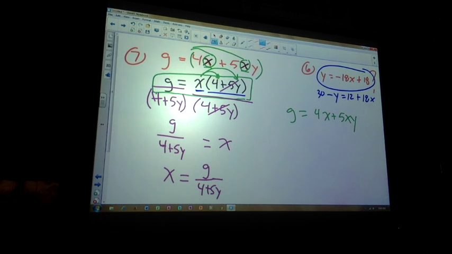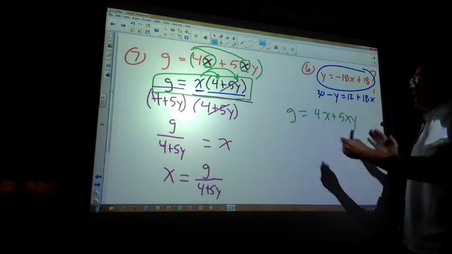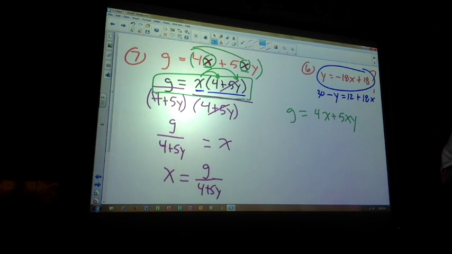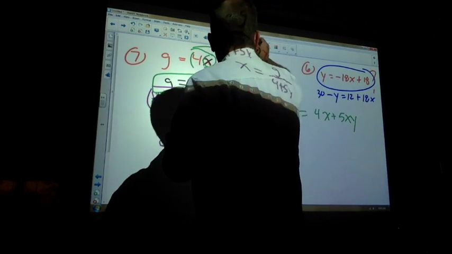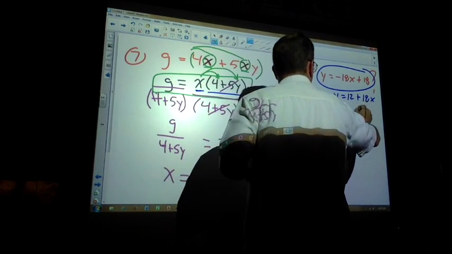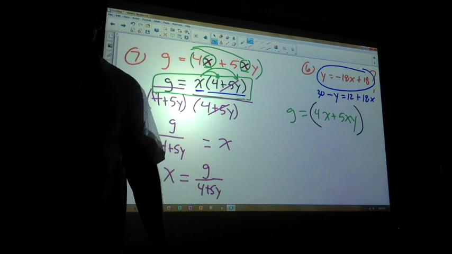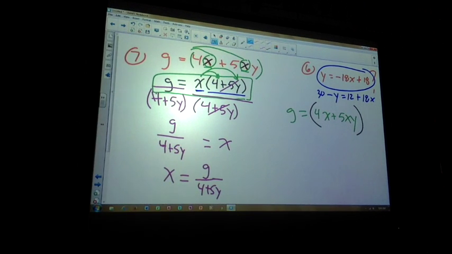Okay. So then we have to say, well, if I can't add those together, there's got to be something else I could do to this problem. So there's a few other things that we could look at. Did I change the problem by just putting parentheses around the right side of the problem?